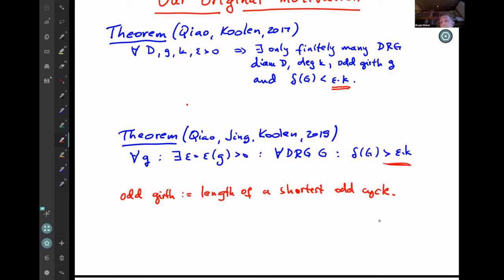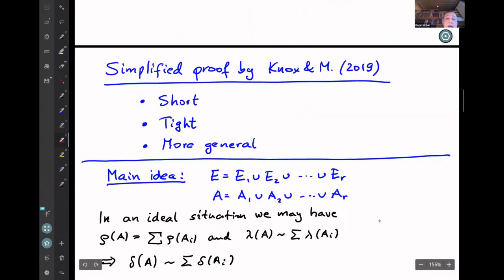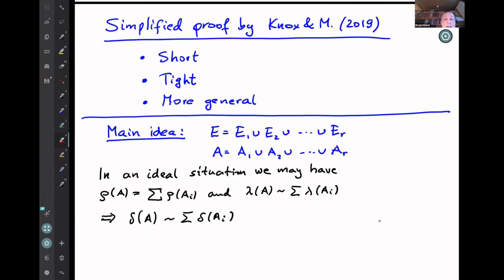Because you could have a huge bipartite graph and just one odd cycle somewhere, and that wouldn't give much of a difference. So we found a more general result, which not only has a short proof, but we think it's tight.